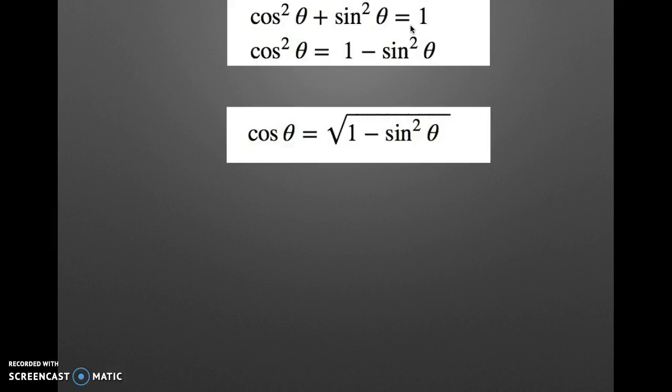There is another form that is the result of solving for cosine of theta. We have cosine of theta squared plus sine of theta squared equals 1.